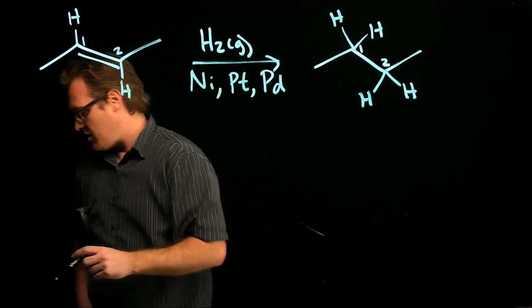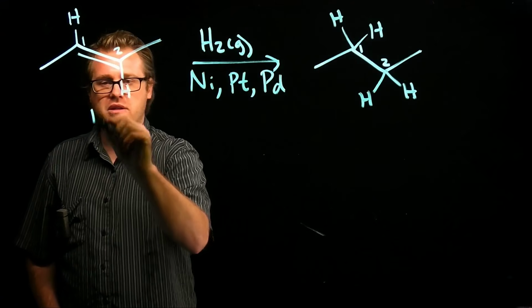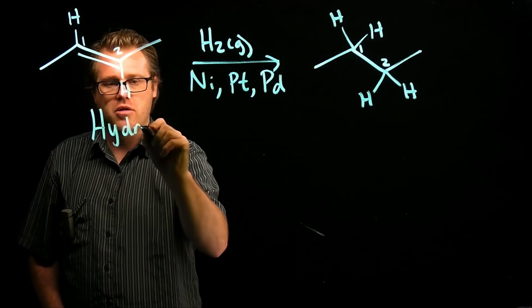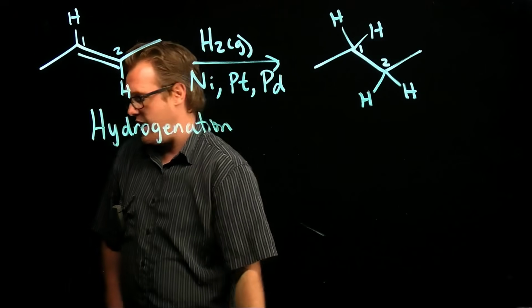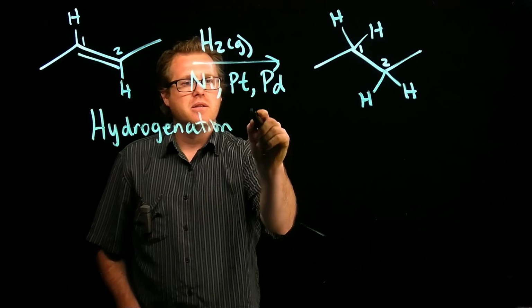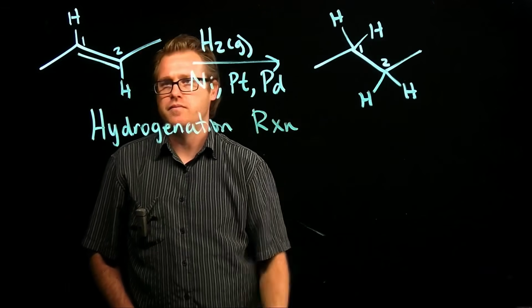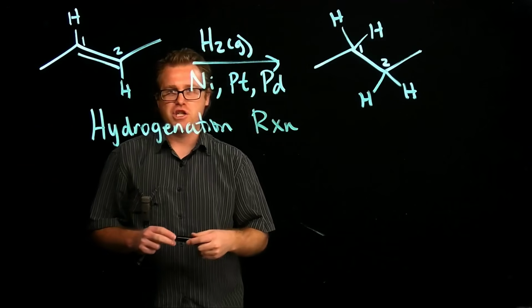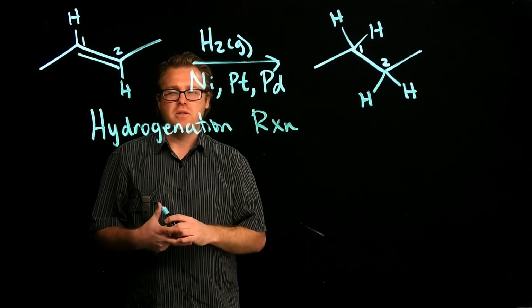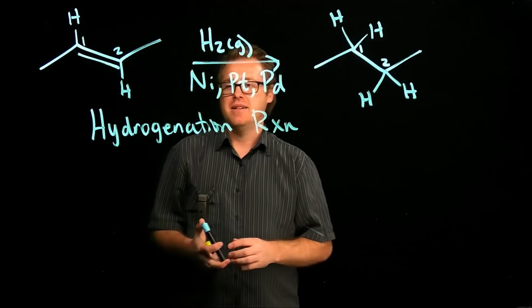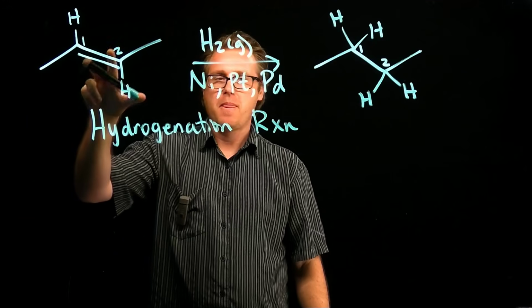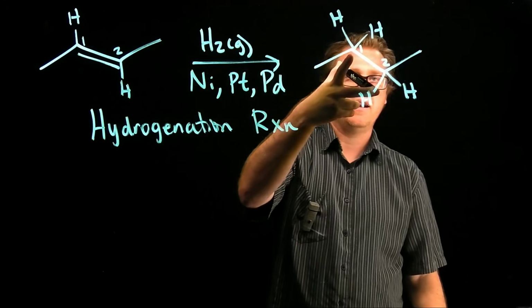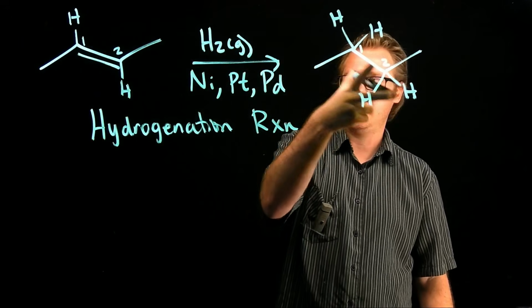But this reaction is also called a hydrogenation. Hydrogenation reaction. Have you ever heard of hydrogenated oils? Well, that's what's happening. We're taking oils that have alkenes in them and we are adding hydrogens to them, like that.